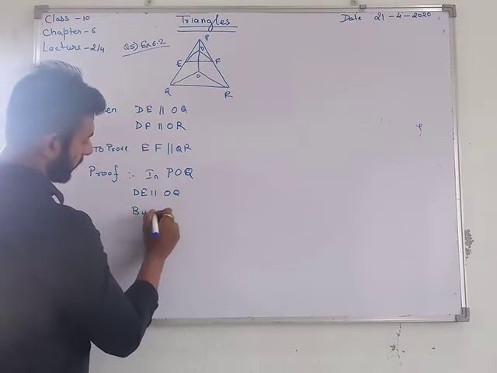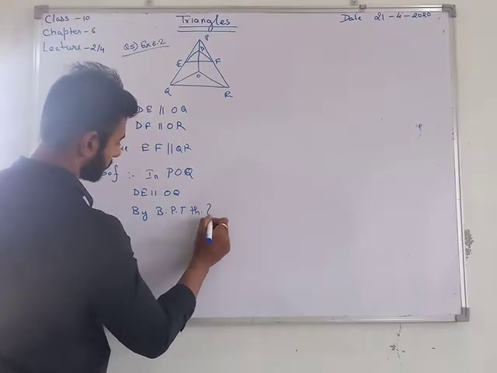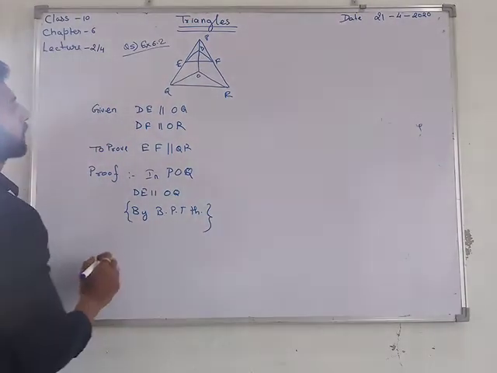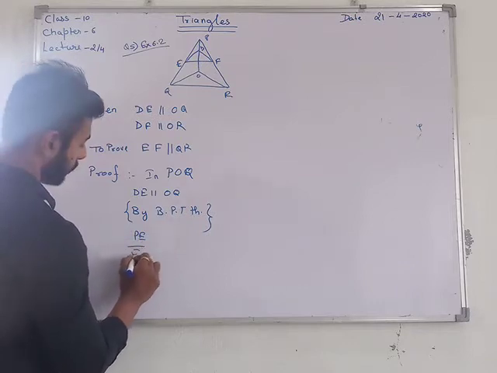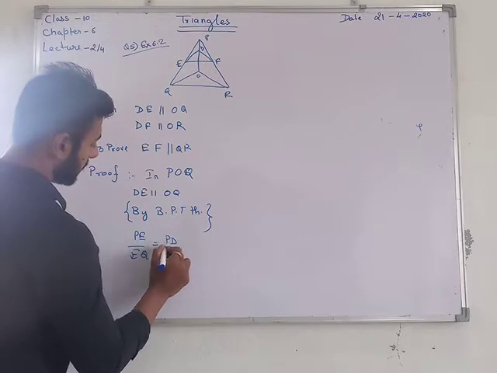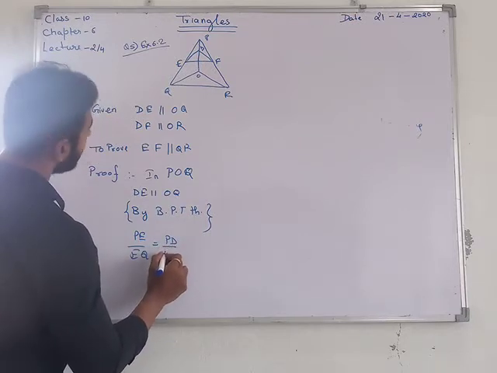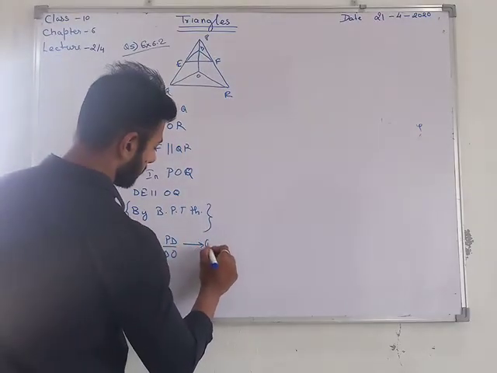By BPT theorem we can write PE by EQ is equal to PD by DO. This is equation number 1.